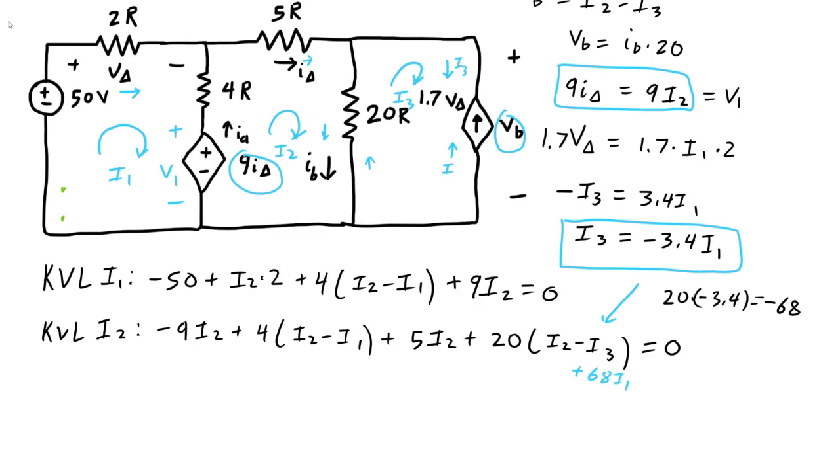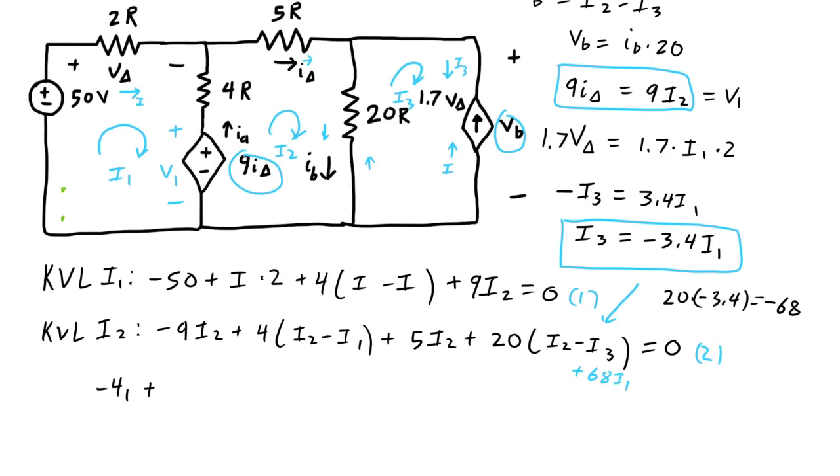Okay, so now we can start simplifying our equations. We'll say that this is equation 1, equation 2. Equation 1 is going to be minus 4I1 plus... minus 4I1. Did I do that wrong? Yeah, I did. I'm so sorry. I keep making these silly mistakes.